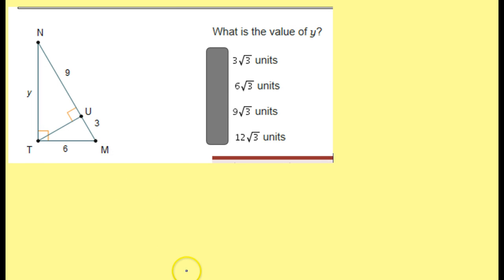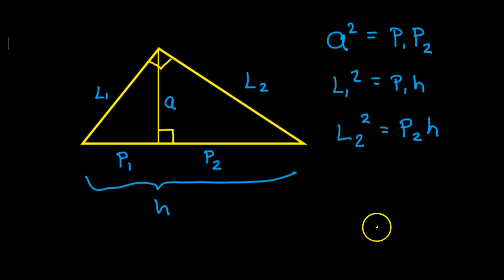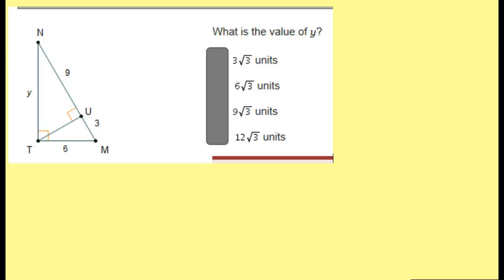This one sort of looks like those problems where we used our fancy similarity theorems involving an altitude of a right triangle. It looks like that, but I don't think we actually need those special formulas, because we're trying to find y, which is one side of a right triangle, and we're given both of the other sides.